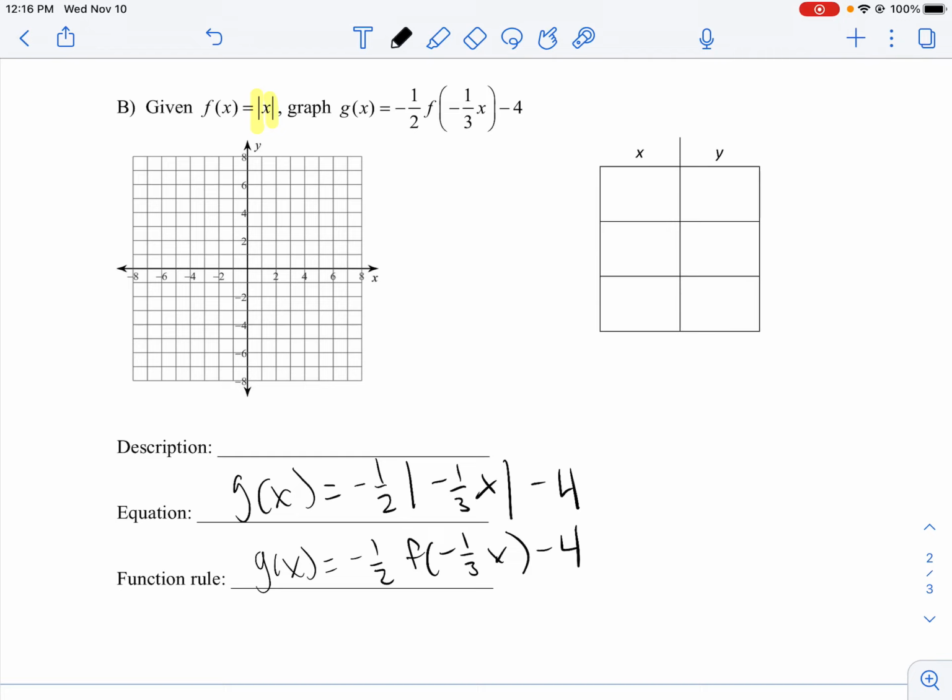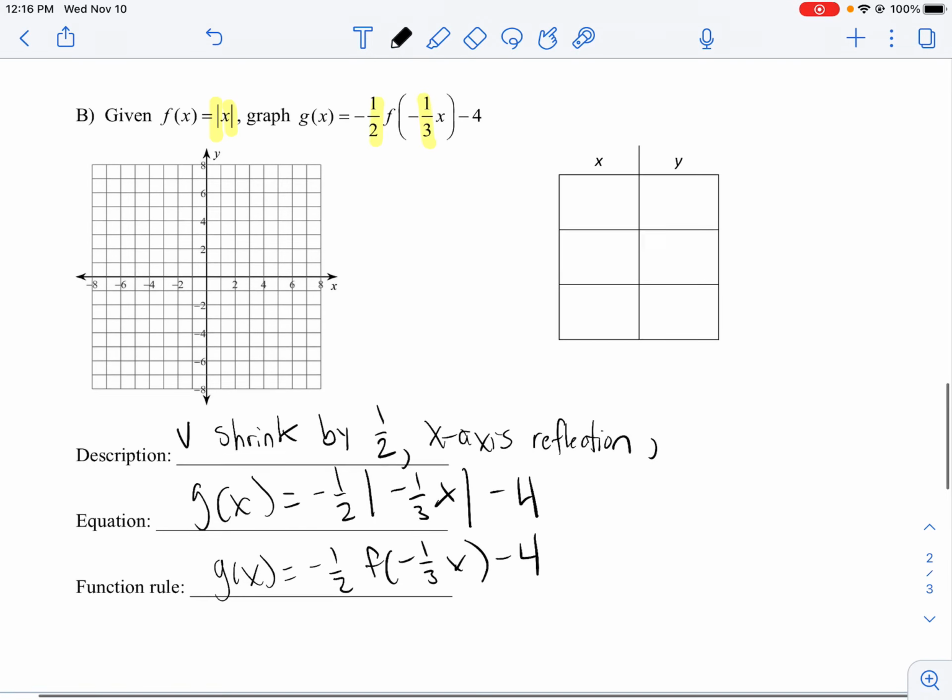So first we have a vertical compression or shrink. I'm going to write shrink, a little shorter. A vertical shrink by 1/2. Alright, and that is the 1/2 right there. Then I say, great, we also have a negative on the outside, so that is an x-axis reflection. Alright, and then we look on the inside, we see that 1/3 chilling there.